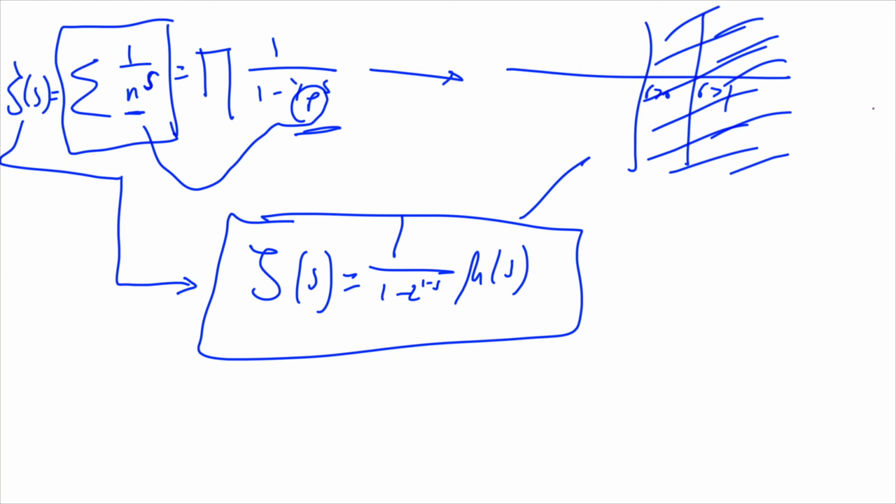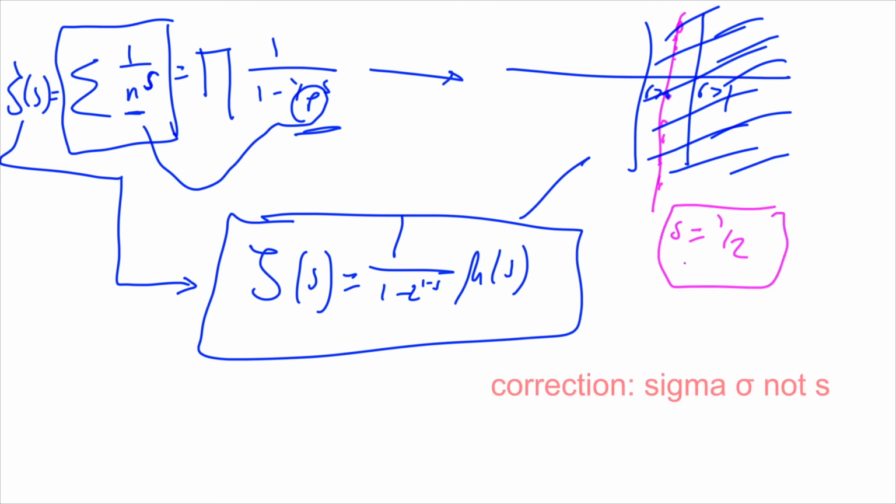And with this one, we found zeros along what looks like s equals a half. So that's a high level view of where we've come to.